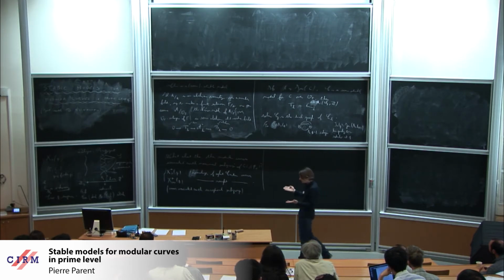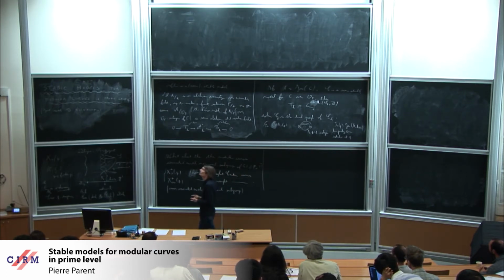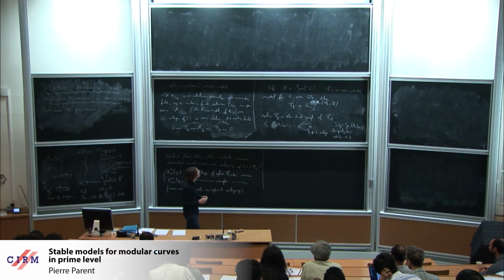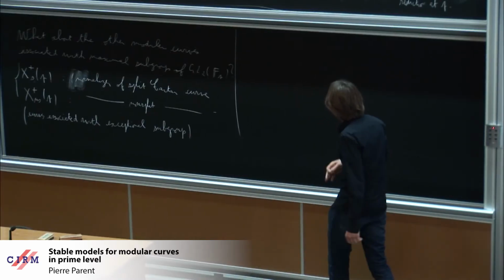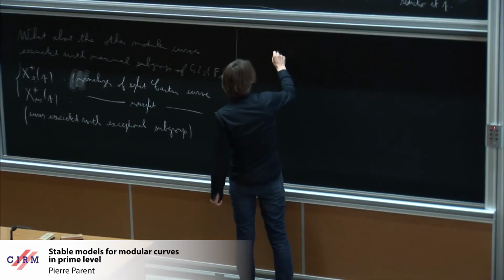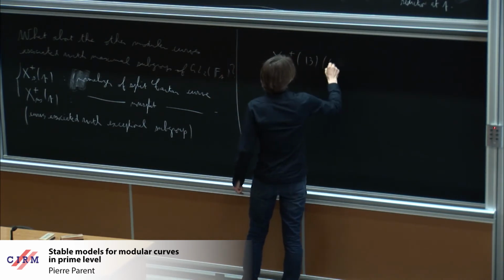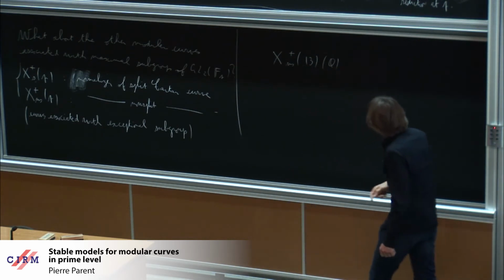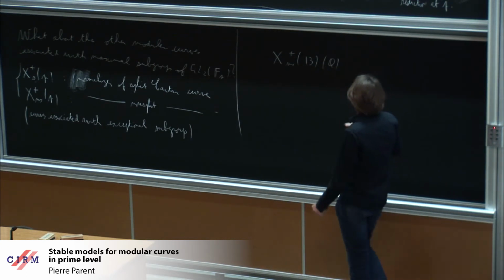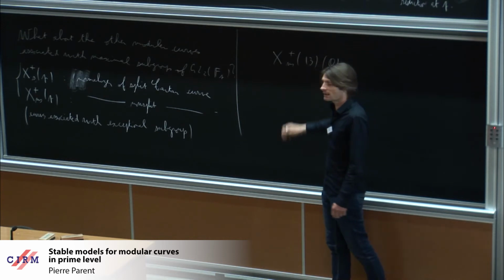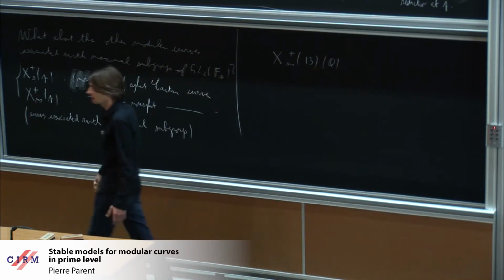And when you look at the work of Balakrishnan, Dogra, Müller, Tuitman, Vonk, I think I did not forget anybody, about the development of Minhyong Kim's ideas to quadratic Chabauty and its application to the study of rational points of X non-split 13, you see that they do need at some point to know that this curve has a good reduction everywhere, and in particular at 13.